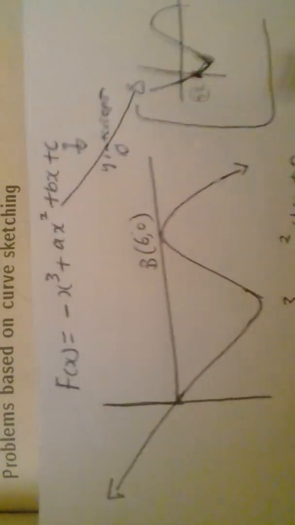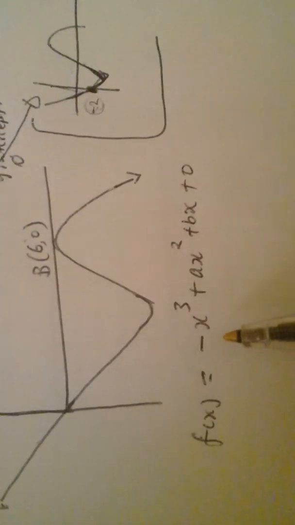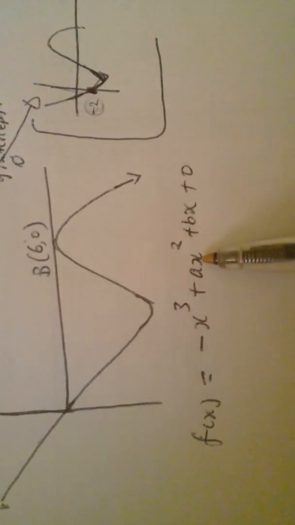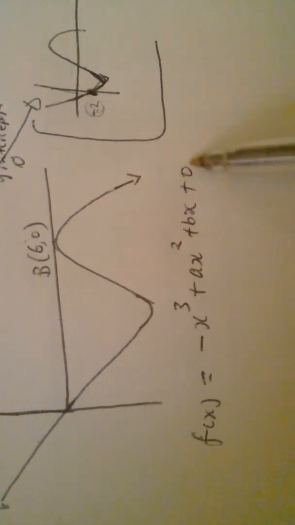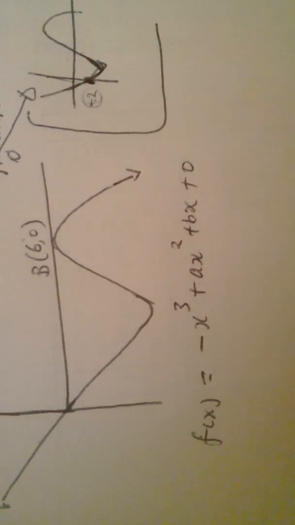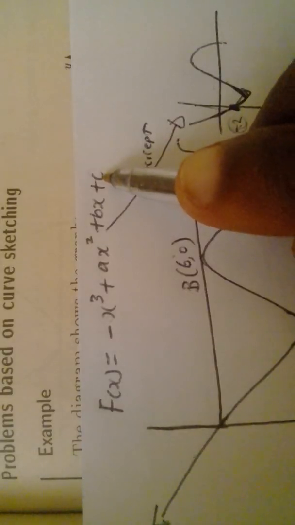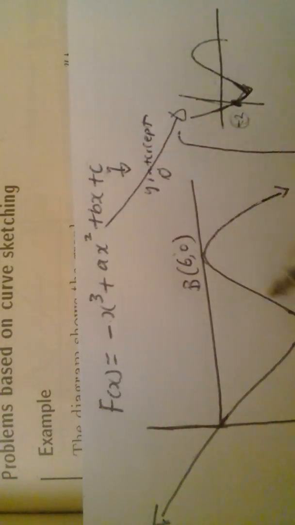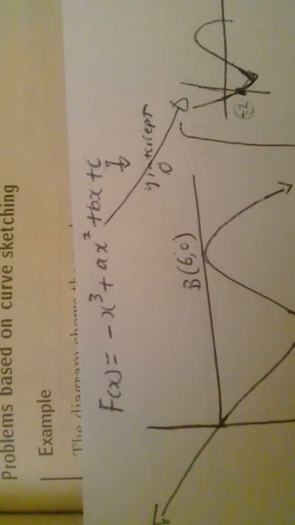You can update your equation because you know that c is 0. The last term of a cubic function might be the easiest to get because it is the y-intercept, and it's easy to find the y-intercept on the graph.